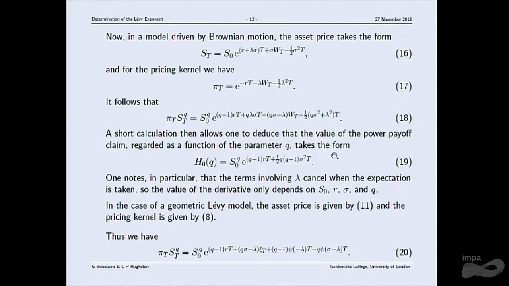In the Brownian case, this is finite for all values of q. And perhaps the key point to note here, which doesn't come as a surprise, is that lambda drops out of the formula, that the value of the option only depends on sigma as well as the data given by S naught and the interest rate and the maturity date.